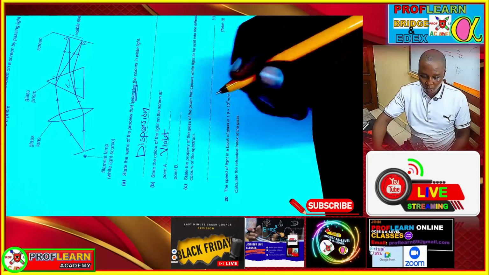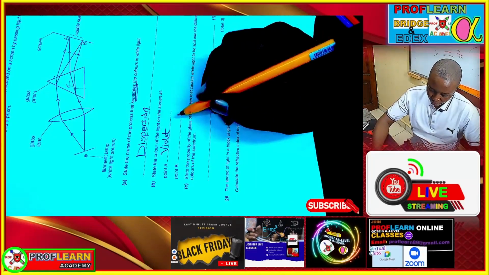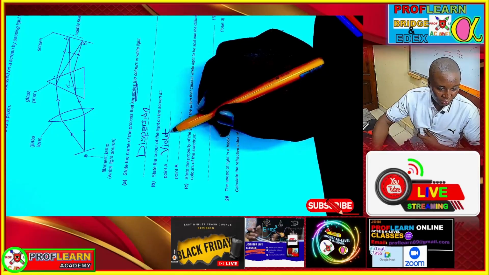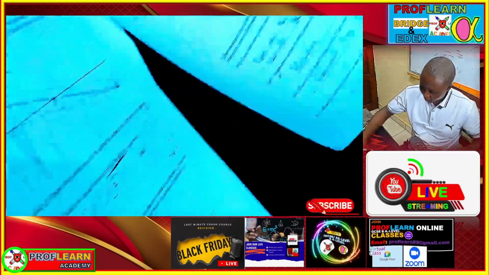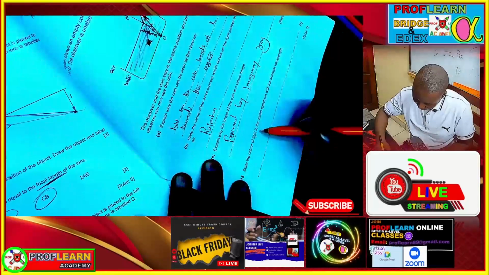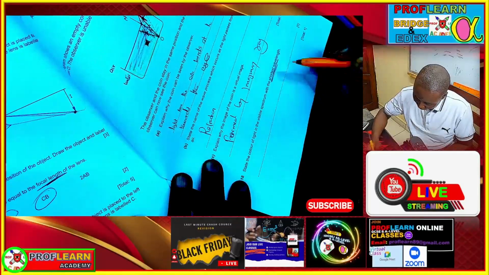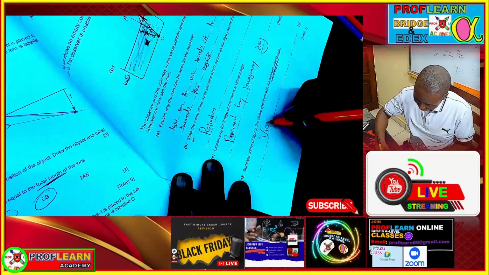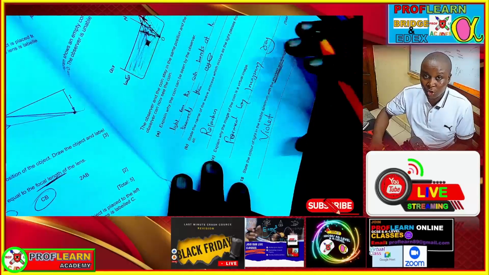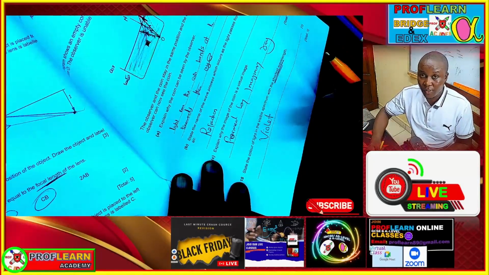Oh, sorry, this one here, there's a question. State the color of light, shortest wavelength, that is going to be violet. The one that has the shortest wavelength is called violet.